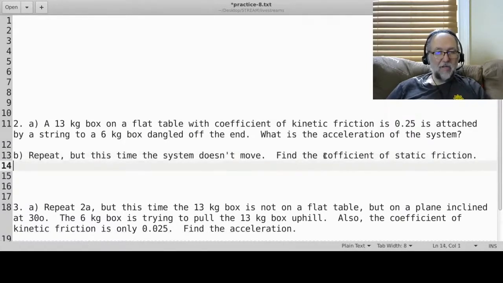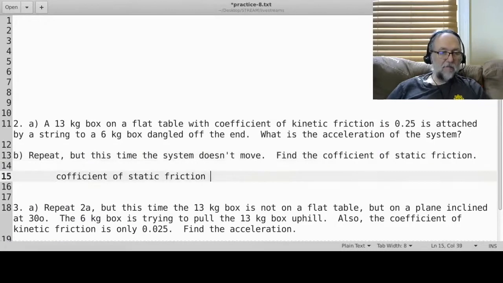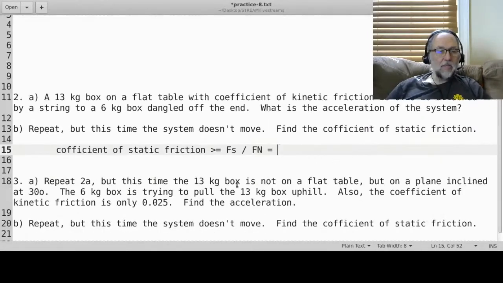Well, the coefficient of static friction, like I said, there isn't an equality for it, there's an inequality. The coefficient of static friction has to be bigger than or equal to the force of static friction divided by the normal force. We can substitute in now: for static friction we had 60 newtons, and for the normal force we had 130 newtons.